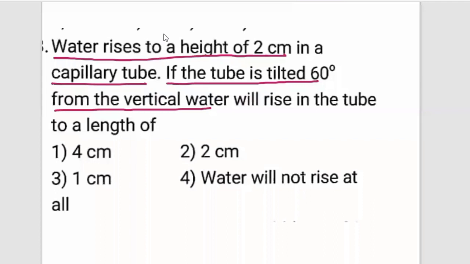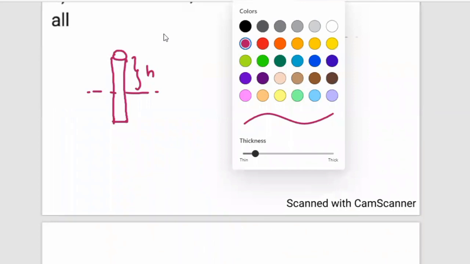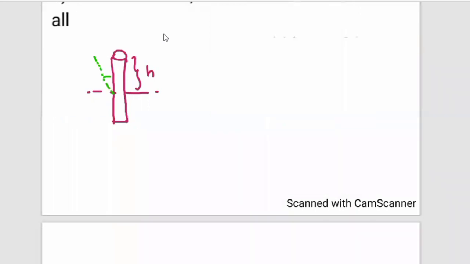Okay, here if you take one capillary tube, the water level rises to a height H. If it is tilted, that means it makes an angle here. So you can take it tilted at an angle of 60 degrees.